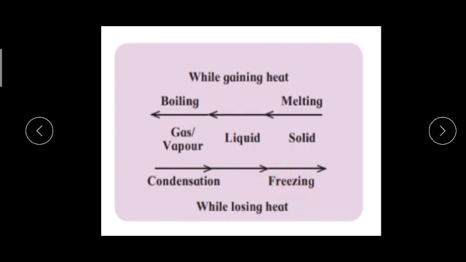Freezing. Okay, so now you have to see that the melting point and freezing point are equal in measure, that is 0 degrees Celsius, and the boiling point and condensation point are also equal, which is 100 degrees Celsius.